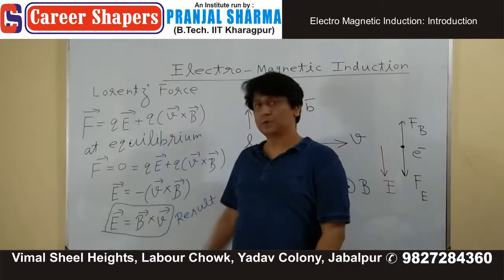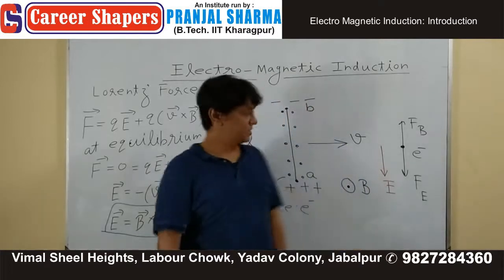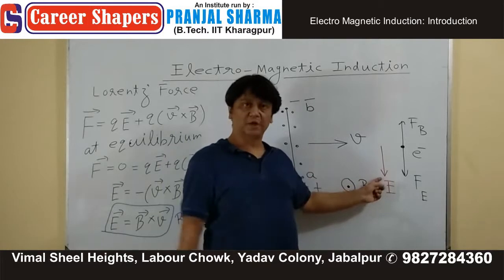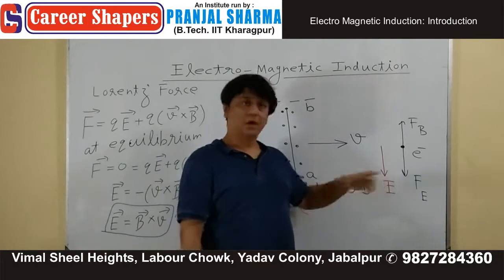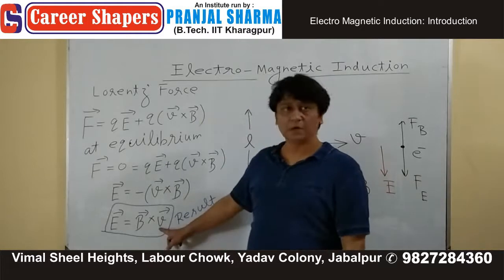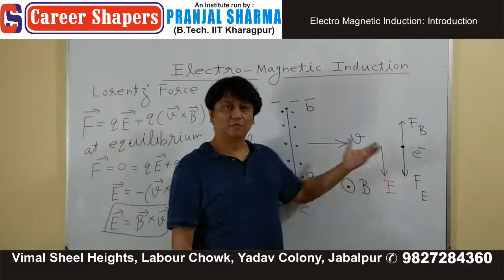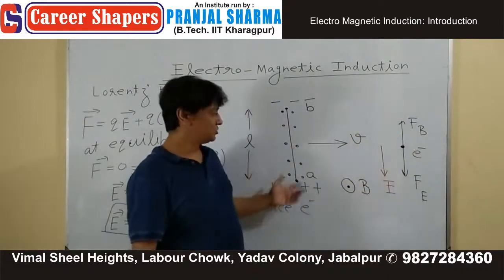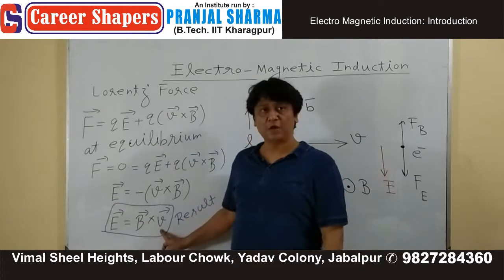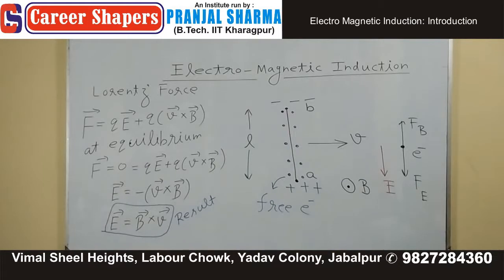Verify the direction, and if you get the same direction, then write down yes in the comment box. I hope you understand what I am trying to ask you. This is the result. If somebody says find out the direction of electric field, you don't have to show these electrons and all. You can find that using this B cross V. So once you get the same direction, you will write yes in the comment box.